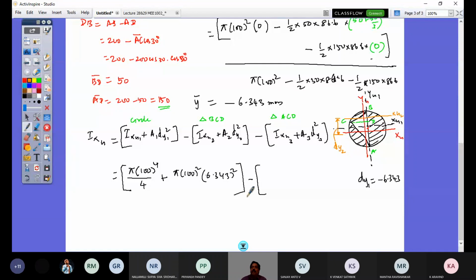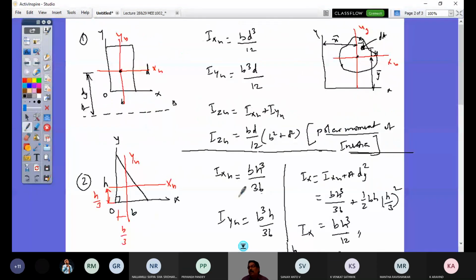So now I can plug in the values here. That's going to be Ixg2, about its central axis. That would be bh cube by 36. Remember this formula, we have derived this formula for the triangle. bh cube by 36 is about the xg axis. About the yg axis, b cube h by 36, right? So bh cube by 36 is the formula that you should remember, and you should put it here.